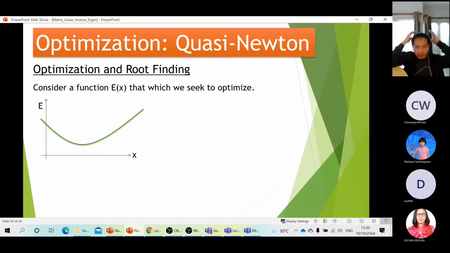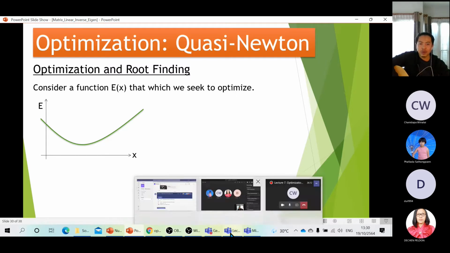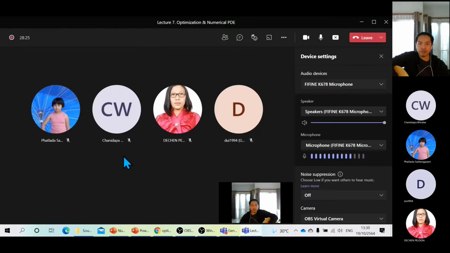What do you think is the condition, a calculus condition for this minimum value of the E? Now, E can be any value, anything, profit, or a cost, or an energy. Anybody? Let's go back to my Microsoft Teams.